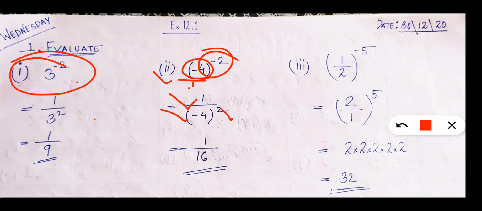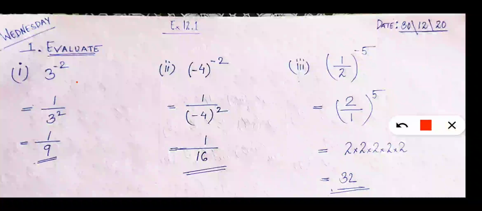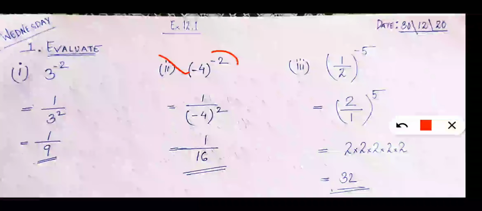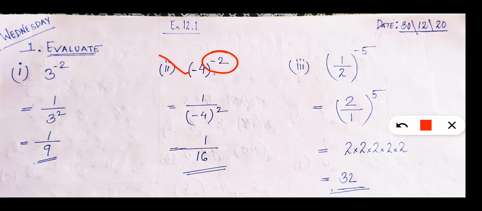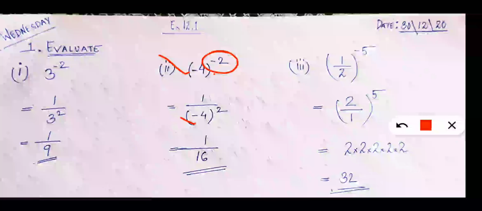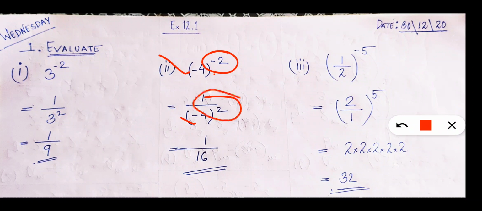Now I think the question in your head is, sir, whether this sign will change or not. No, when you change the place because of the inverse power, the negative value will not change, only the sign of the powers will be changed.